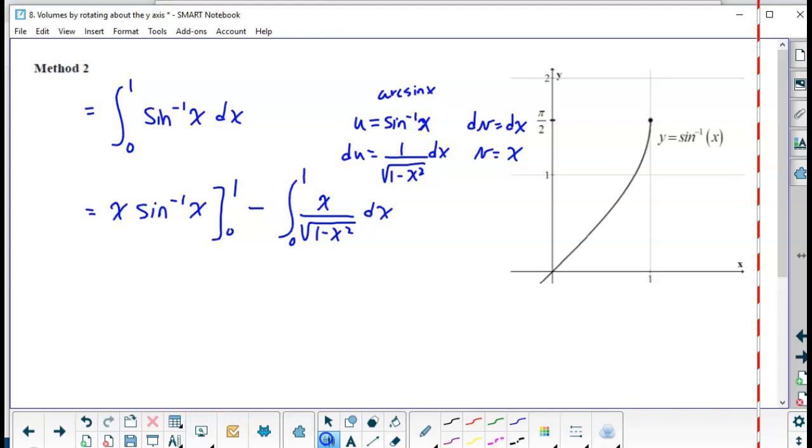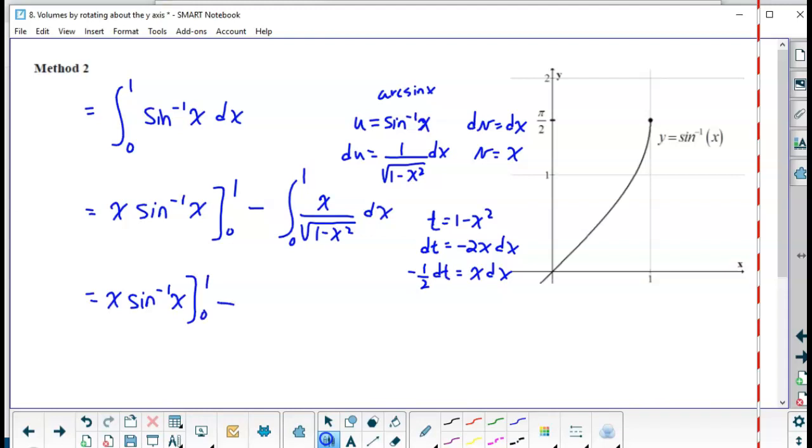So if I let t equals 1 minus x squared, then dt equals negative 2x dx. So that would be negative 1/2 dt equals x dx. Okay, and then that's going to help me out big time. So I'm just going to copy this out for now.